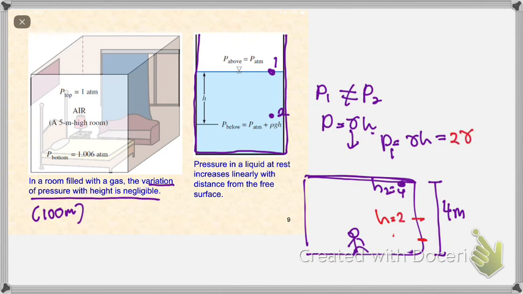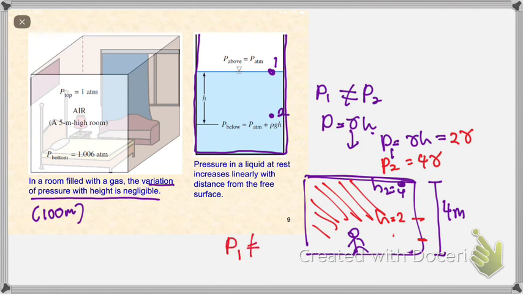So that is 2 gamma, and at point 2 is 4 gamma, in which your gamma is the same. You have air. By definition, we can say that P2 is not equal to P1. But this is an exceptional case for gases with relatively low height difference, low elevation difference.